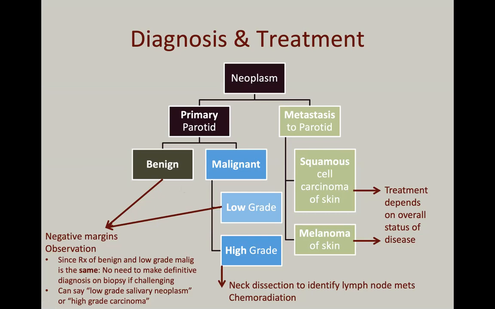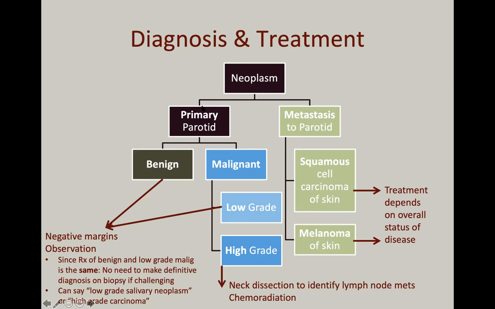Especially in the parotid, in the submandibular areas, there are intra and periglandular lymph nodes. Therefore, metastasis to those intra or periglandular lymph nodes from other sites, such as squamous cell of skin or melanoma of skin, can present in parotid or submandibular gland areas, et cetera. So always keeping that in mind. And understanding patient history can help sort this out.